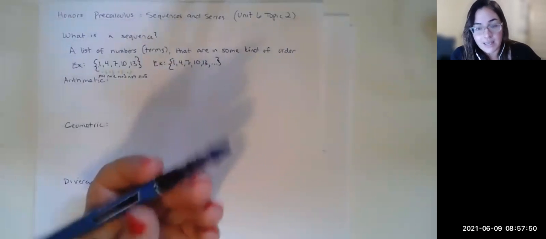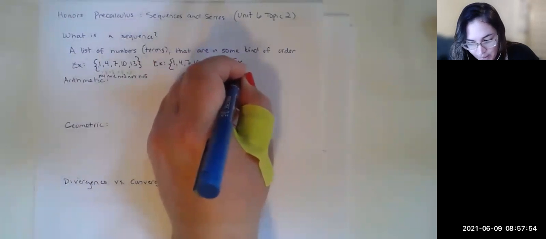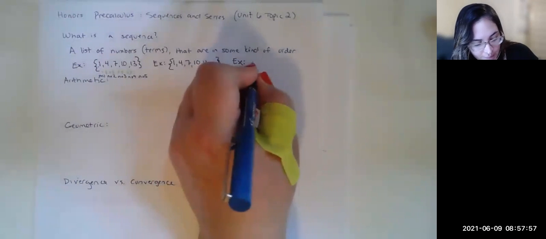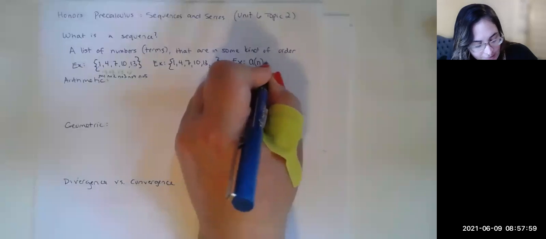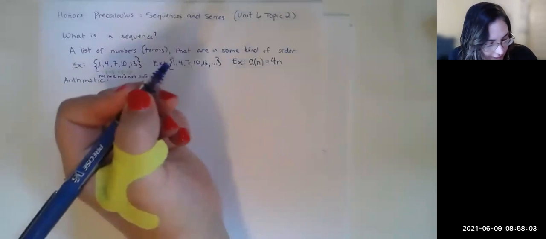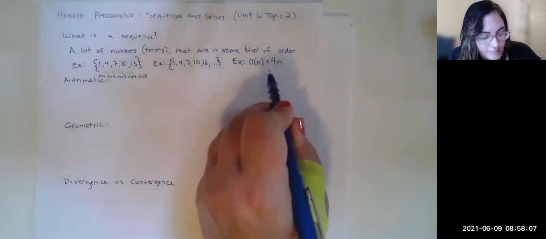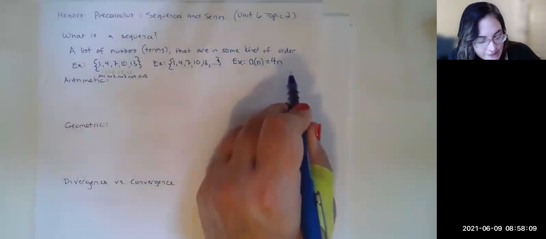You might also see a sequence in some kind of formula using n. For example, a of n equals 4n. You could list out those terms: 4, 8, 12, 16, and so forth.